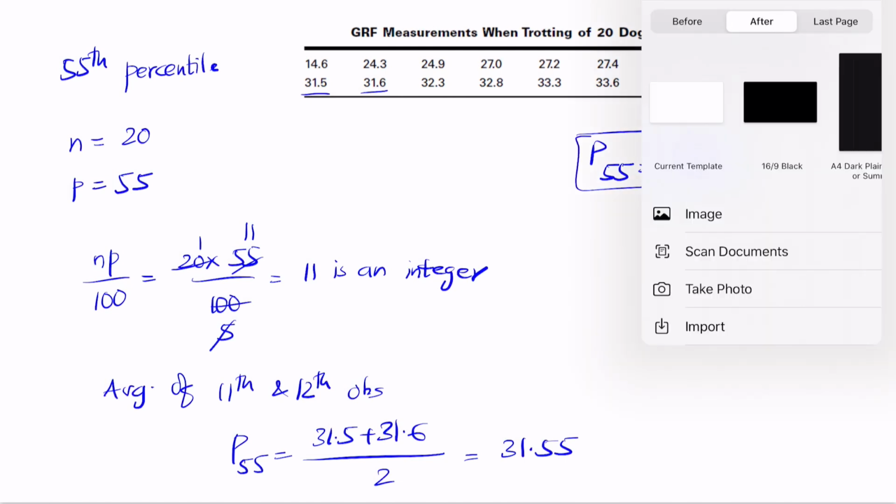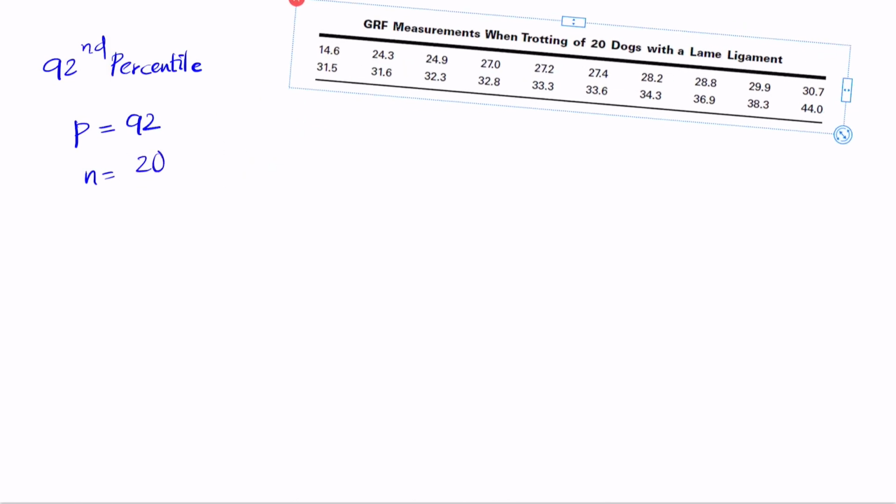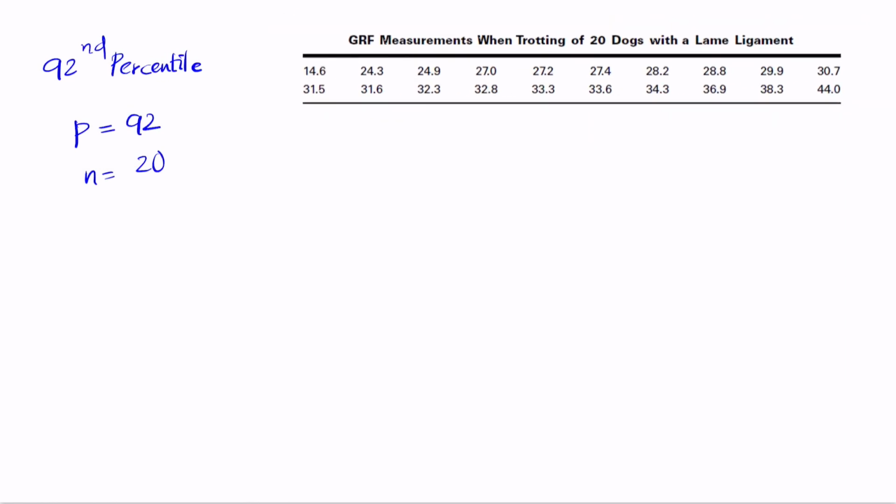So you can also try a different type. For example, let's say I am finding the 92nd percentile. So P becomes 92 again. N here is 20. So in this data now, let's try and find the value.